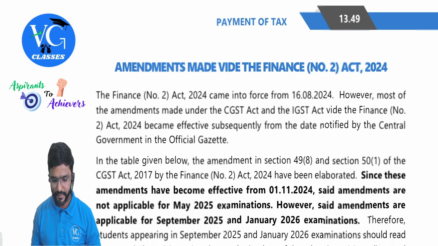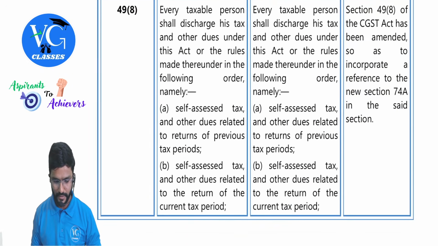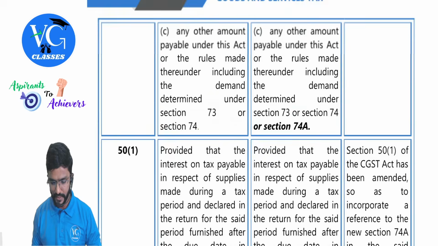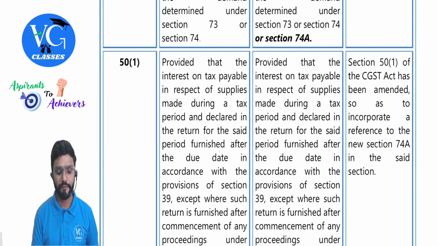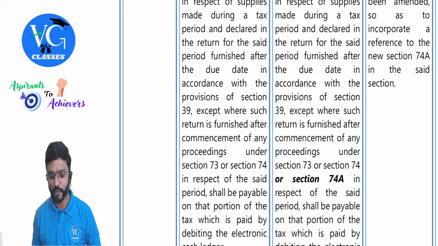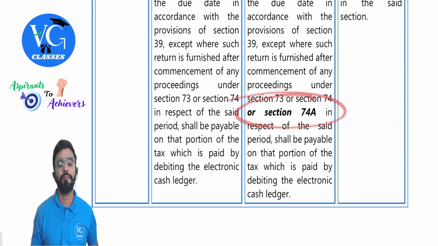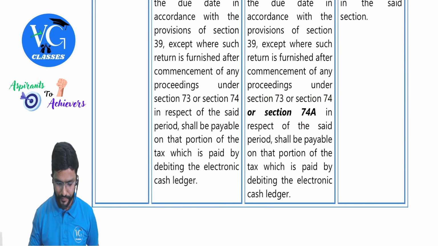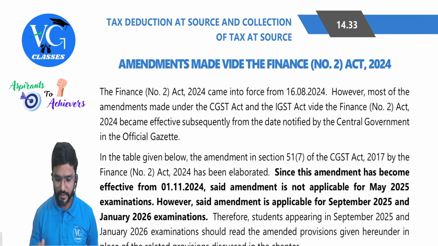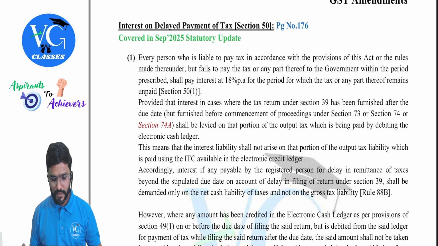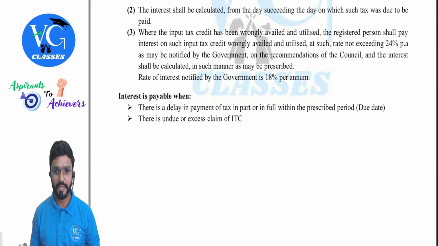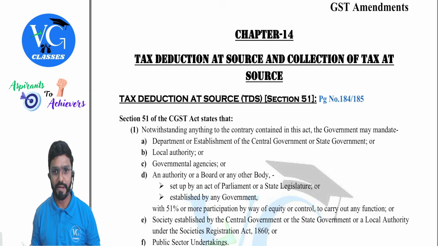It is repeated even in this ICAI material. So section 49 subsection 8 you can see only that is an amendment. Then in section 50 subsection 1, that is with respect to the interest, 74A. Yes. So fine. These are the things. That's all. Rest all is same, guys.